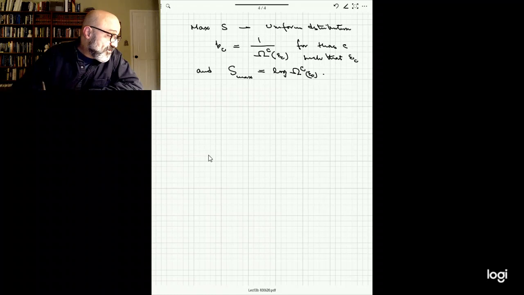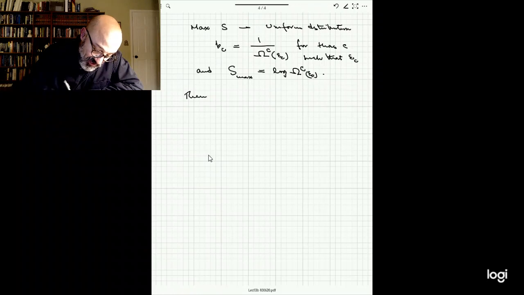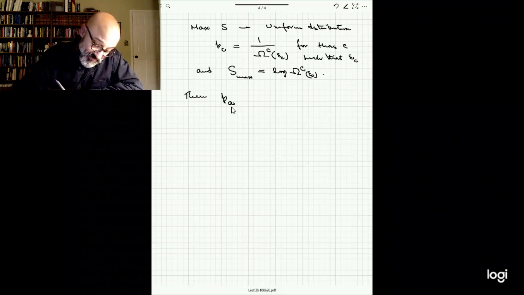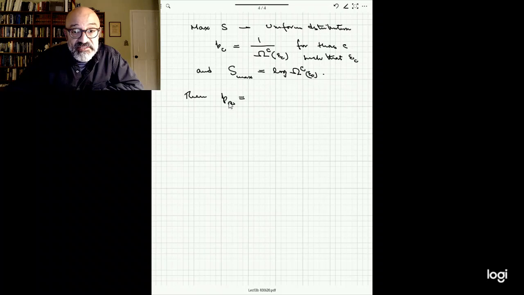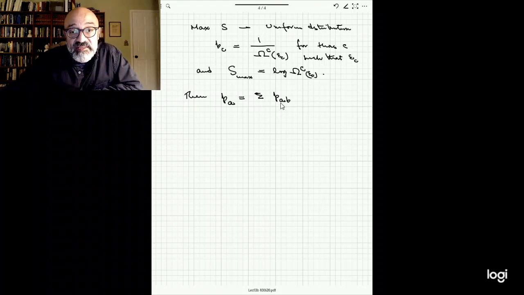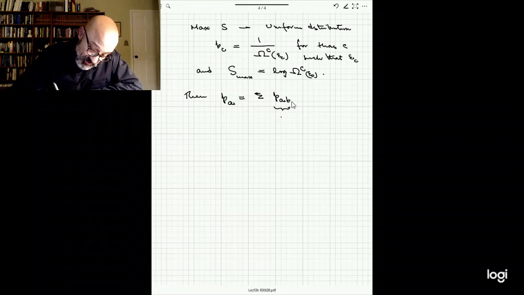Very good. Once we have that, we can actually calculate the probability of A being in a microstate A. How do you achieve A being in a particular microstate? For the whole system, you have A and B. This is the joint probability for the system A being in the microstate A and the bath being in microstate B. This is what we call P_C.